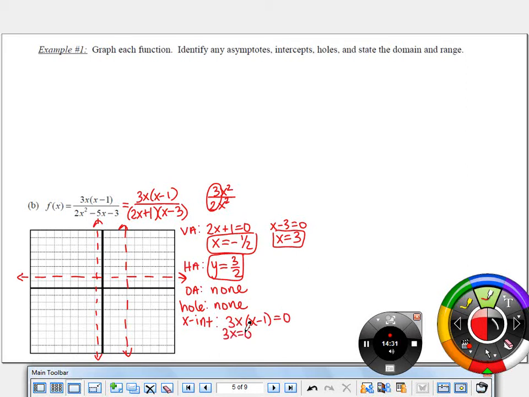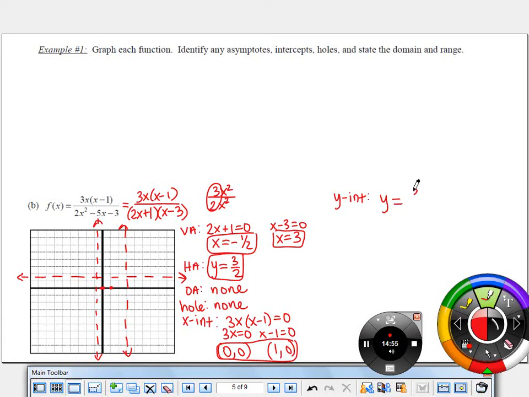3x could equal 0, or x minus 1 could equal 0, which give us x-intercepts at 0, so 0, 0, as well as at 1, so at the point 1, 0. So at 0, 0, as well as at 1, 0. For y-intercepts, that would be plugging in 0 for x.